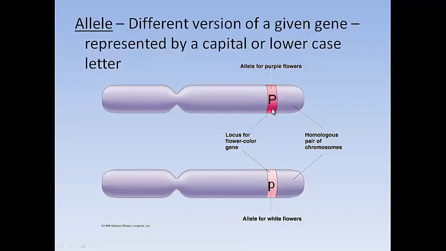This piece of DNA creates a protein, and that protein makes the flowers purple, and we designate that with a capital P. We have a different version of the same gene here, and it creates a protein that makes flowers white. These are called alleles. They're different versions of the same gene.